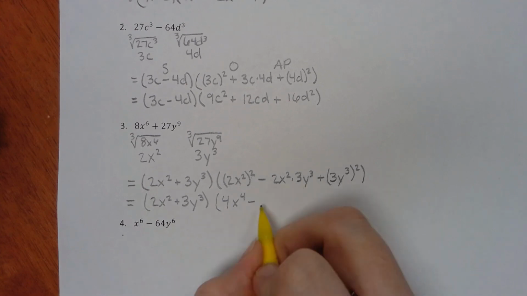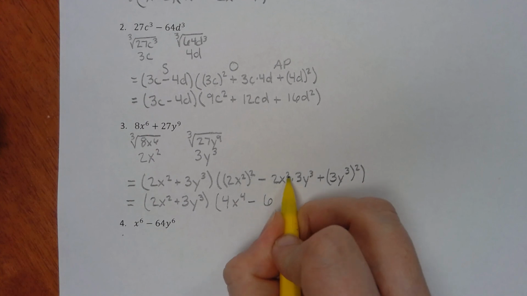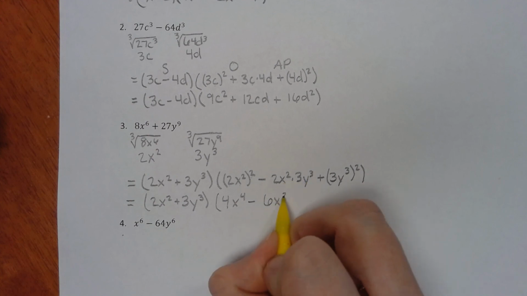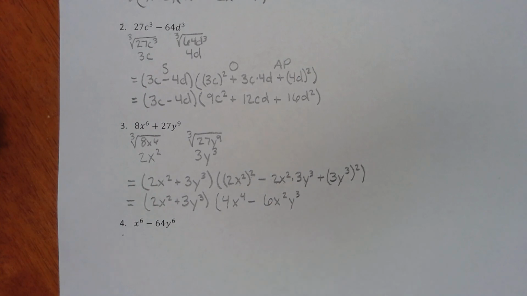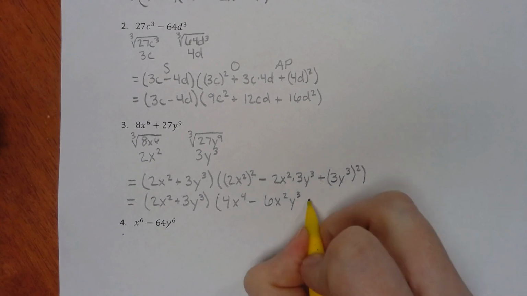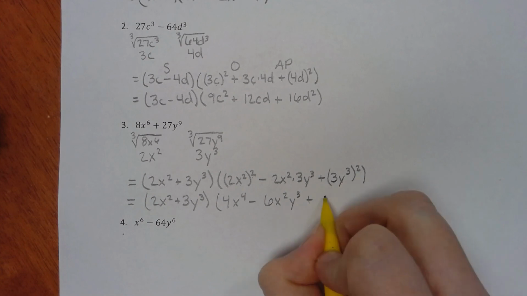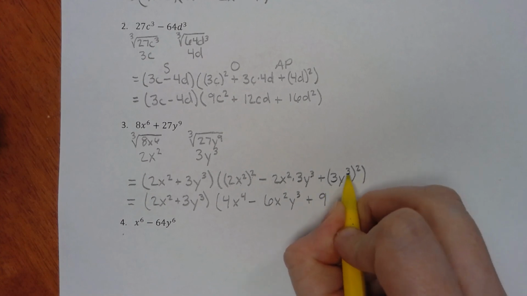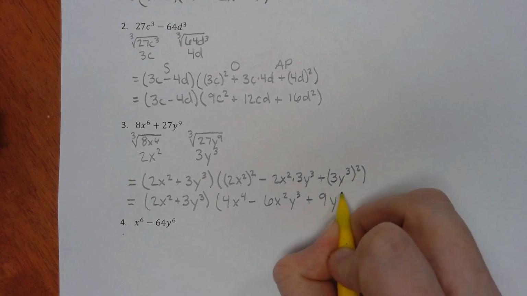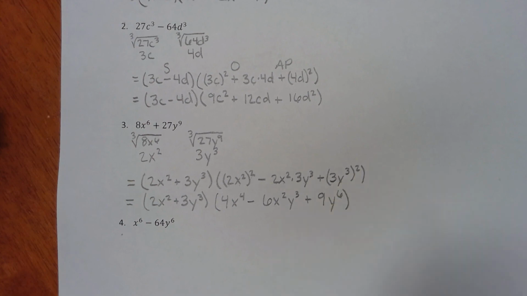We have 2 times 3, which gives us 6, and x squared y cubed, you just leave x squared y cubed. We cannot do anything with those exponents because they're not like bases. Just write them. x squared y cubed still multiplied together. And then finally, 3 squared gives us 9, and y cubed squared, power to power, you'll multiply, which gives us y to the 6.